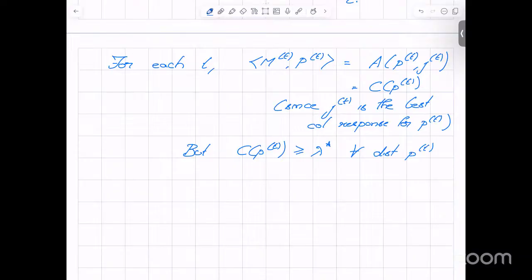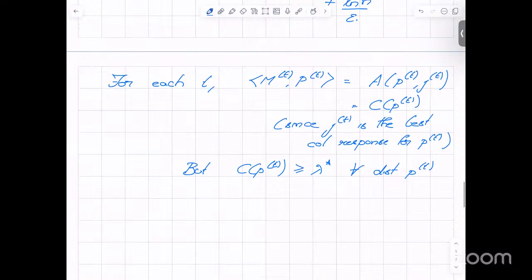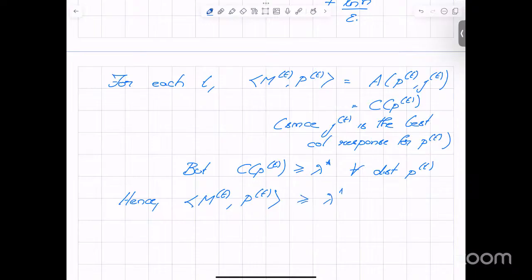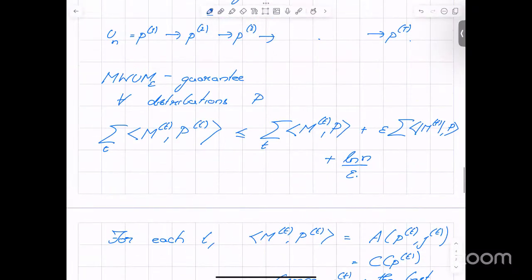So because of this, we have m_t P_t is greater than or equal to lambda star for all t. Let's keep this as 1. So this left-hand side, each one is at least lambda star, so when you average it, it also is at least lambda star.